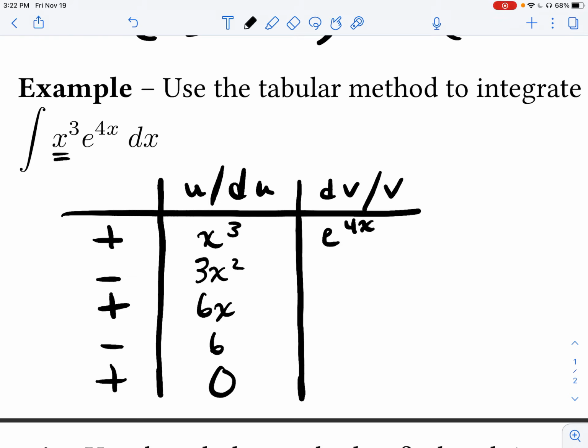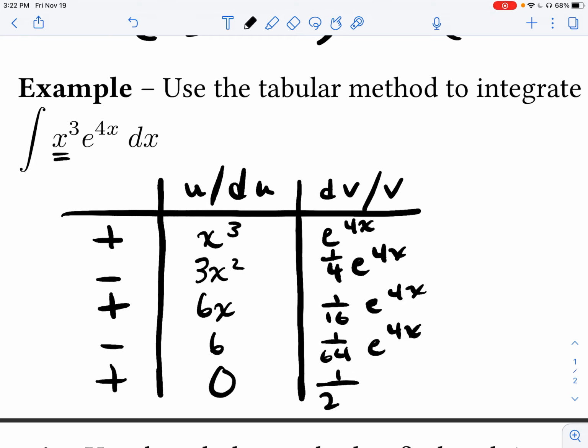So this is going to be 1/4 e to the 4x. This would be 1/16 e to the 4x, 1/64 e to the 4x, and this is going to go on until 1/256 e to the 4x. Since I got a 0 here, I know I can stop integrating.